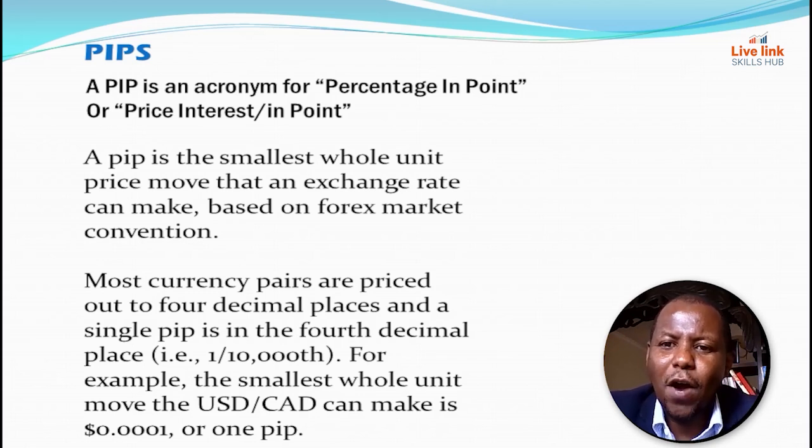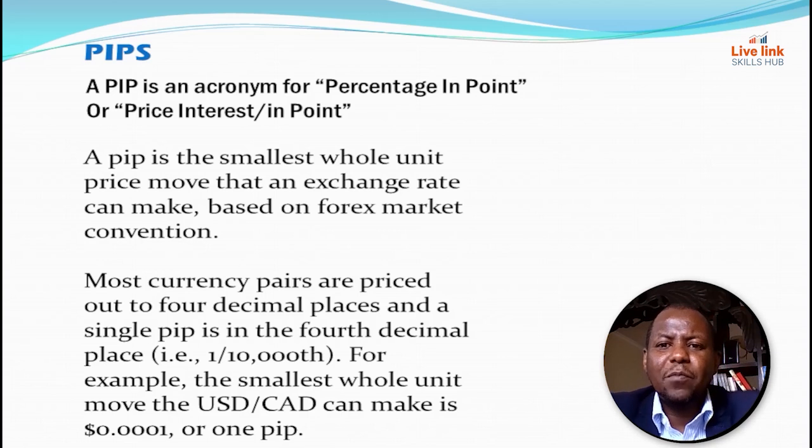For example, the smallest move the USD against the Canadian dollar can make is 0.0001, or 1 pip. Don't worry, you will understand this in a very short while.